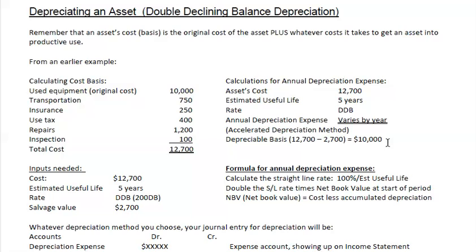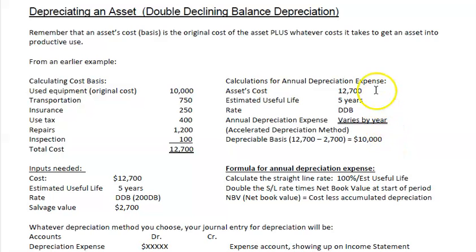We're going to depreciate it $10,000 over the next 5 years to give us an ending salvage value of $2,700. Now, the question is, what method are we going to use? Regardless of the method that we use, we're still going to depreciate it $10,000.